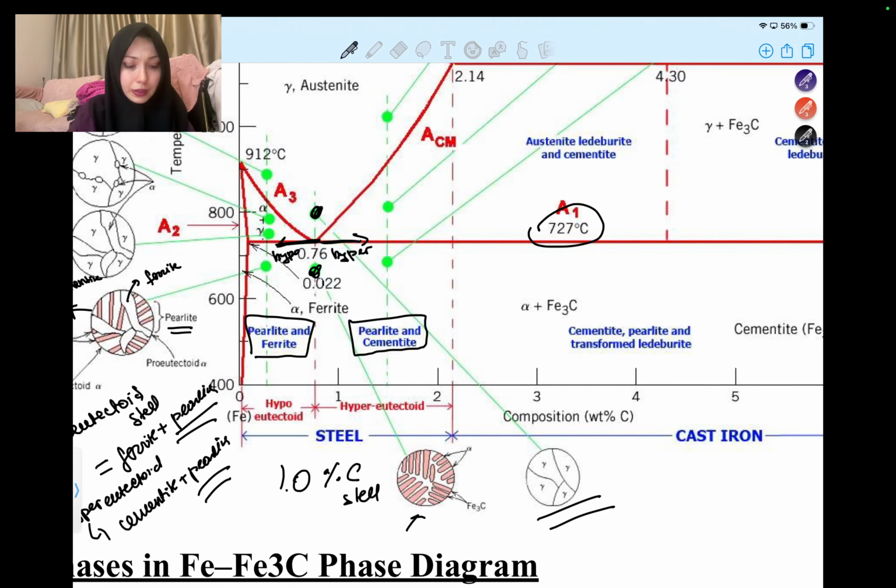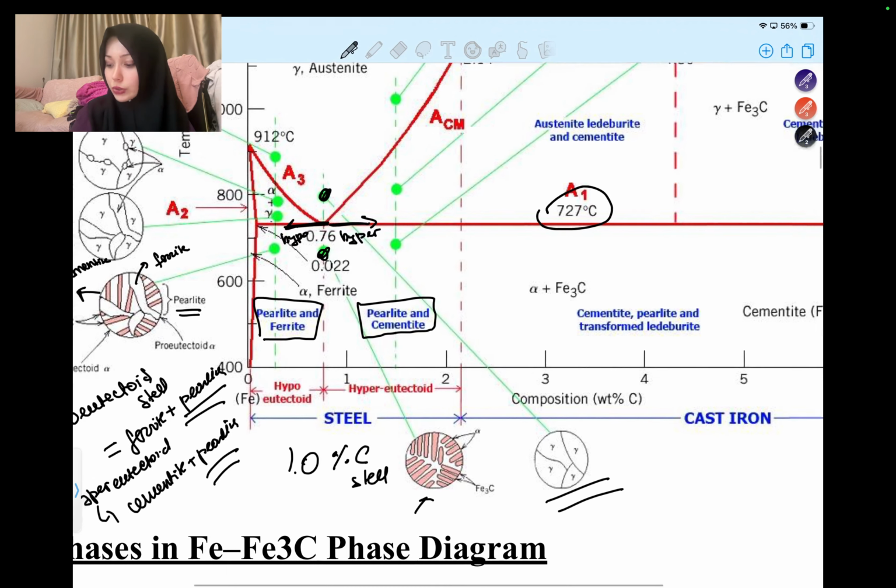Okay, and the word proeutectoid itself, you can hear that it is the phase that forms before the eutectoid reaction.